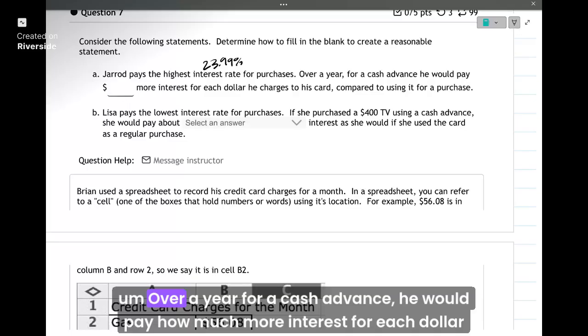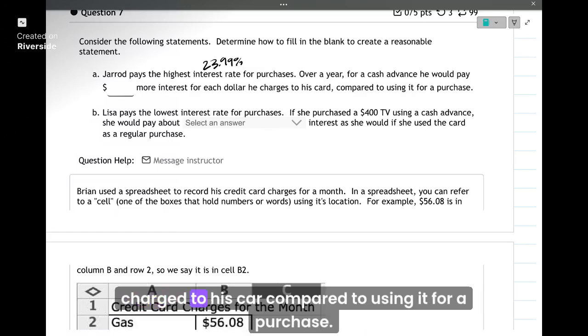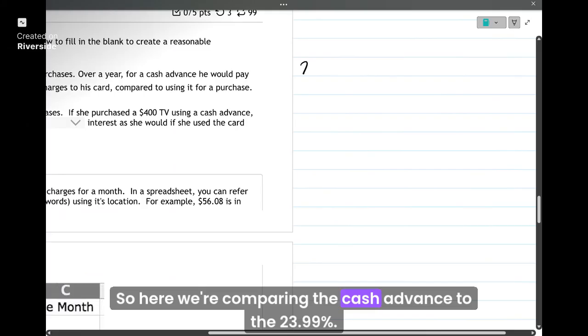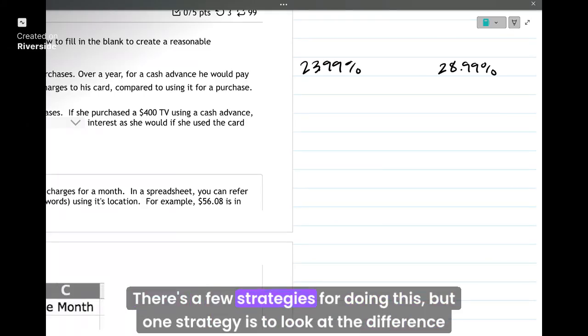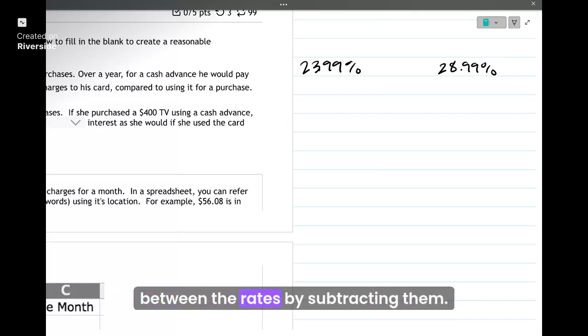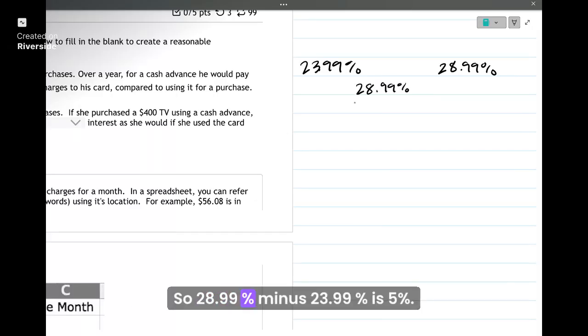Over a year, for a cash advance, he would pay how much more interest for each dollar charged to his card compared to using it for a purchase? So here we're comparing the cash advance to the 23.99%. There's a few strategies for doing this, but one strategy is to look at the difference between the rates by subtracting them. 28.99% minus 23.99% is 5%.